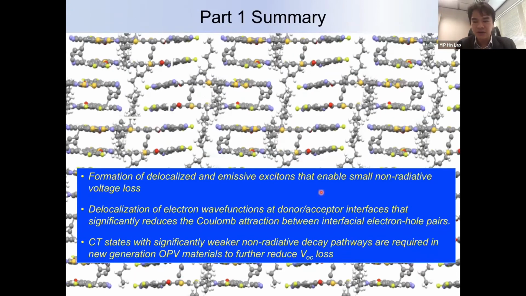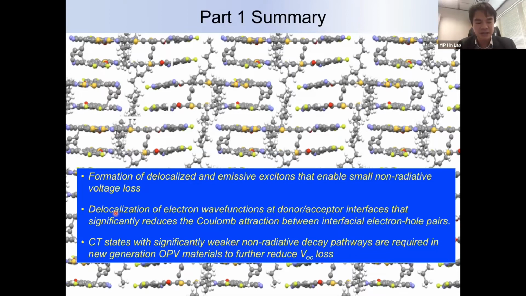So with a very quick summary, we find that the formation of the delocalized and emissive exciton enables a very small non-radiative voltage loss in these state-of-the-art materials for OPV, and also the delocalization of the electron wave function at the donor acceptor interface significantly reduces the Coulombic attraction between the interfacial electron and hole pairs.